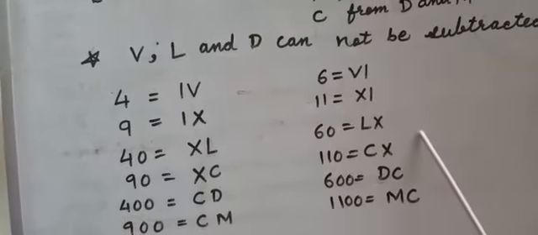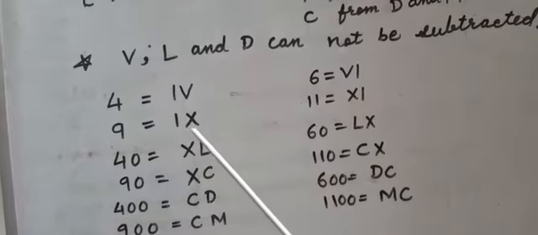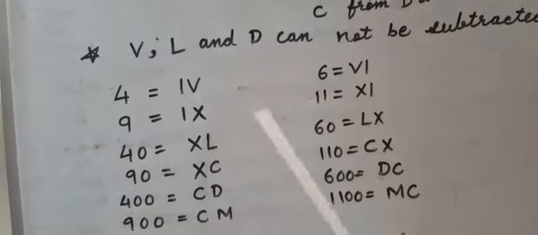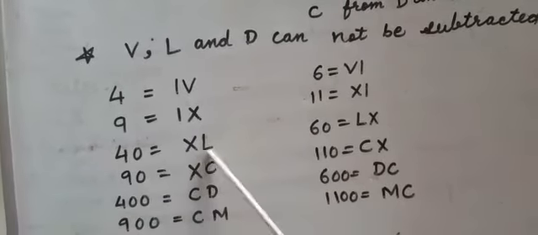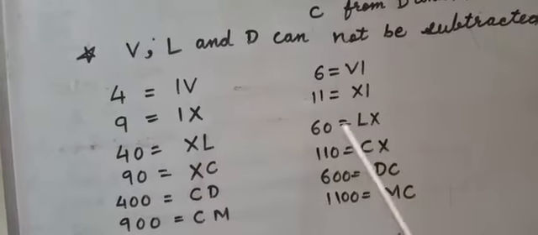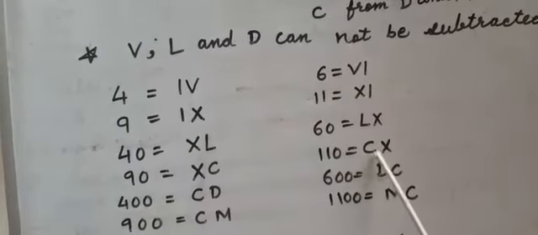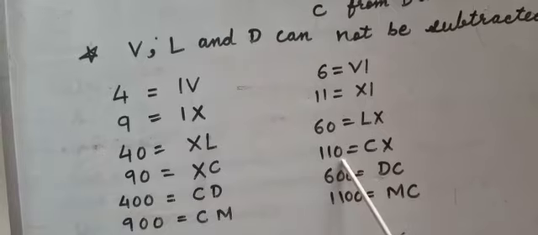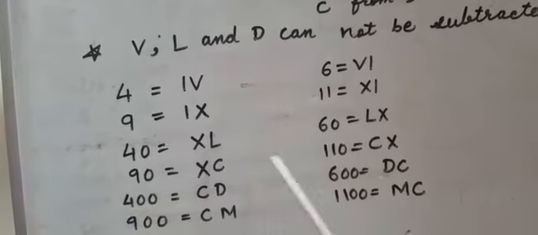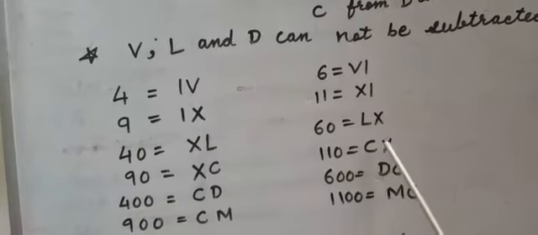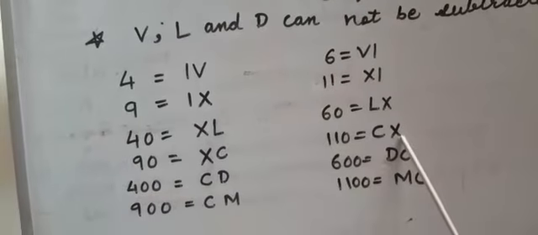So such examples I have written here. IX shows 9 and XI shows 11. XL shows 40 and LX shows 60. XC shows 90 and CX shows 110. The difference is clear to you because here X is written before, subtraction has been done, and here X is written after, so addition has been done.